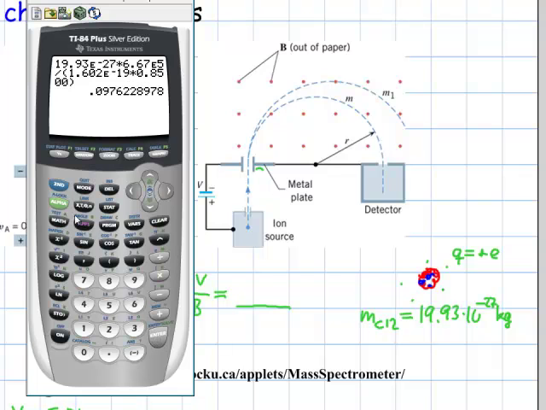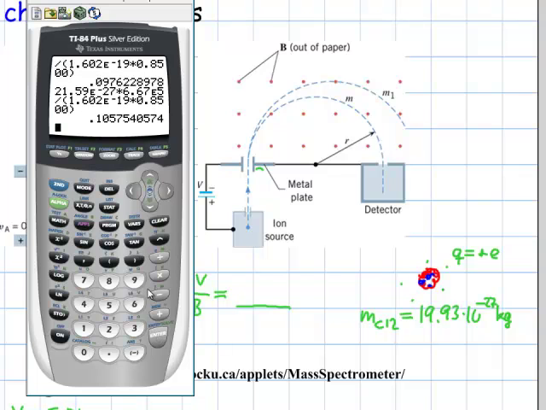Okay, and then I do the other one. So this one, the only thing that changes now is 21.59. There we go. Enter. Divide these two from each other. So this one here minus the 0.0976228978.